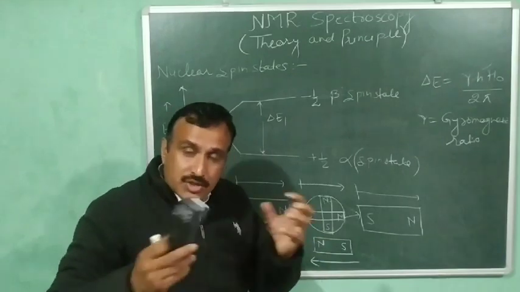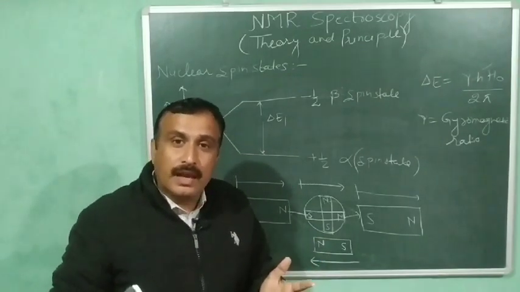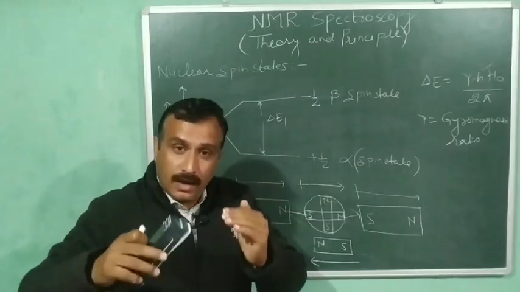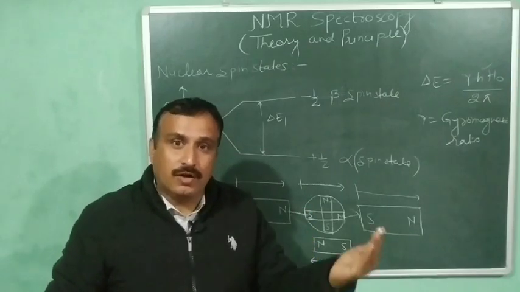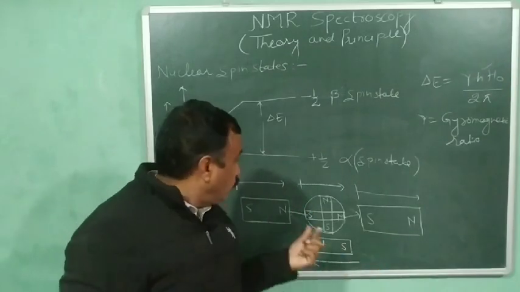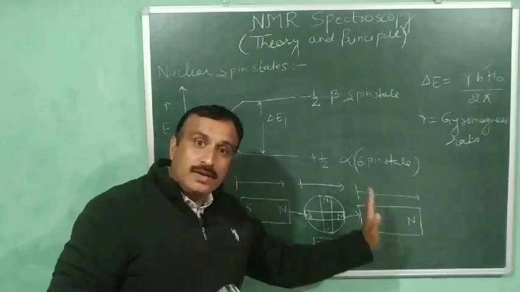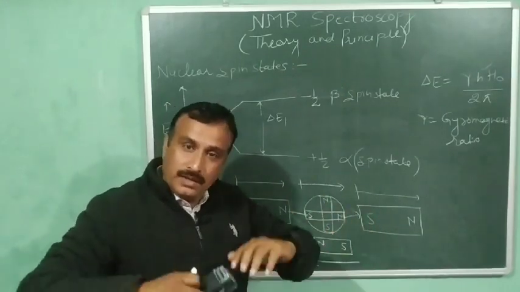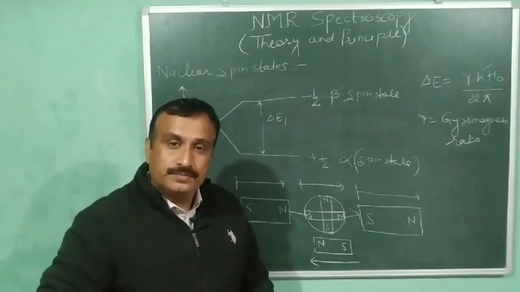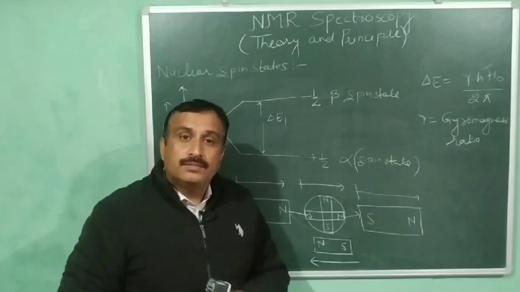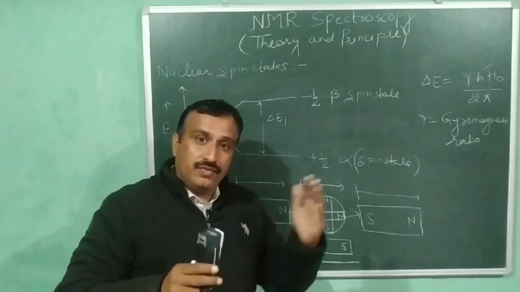When the attraction is increased, there will be more stability and more fall in energy. So when we increase the strength of the external magnetic field, the force of attraction between the north and south poles of the external magnetic field and the proton magnet increases, stability increases, and its energy will fall further.